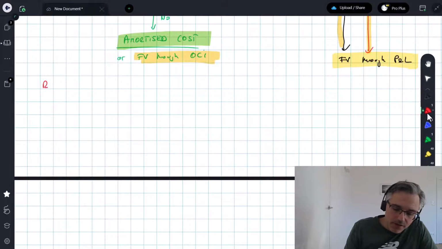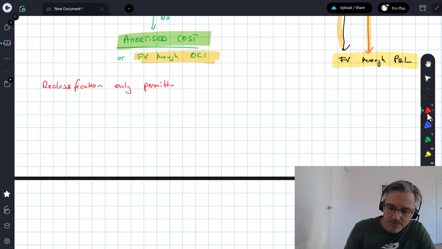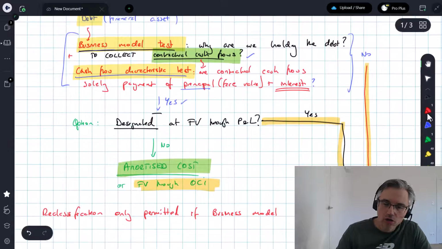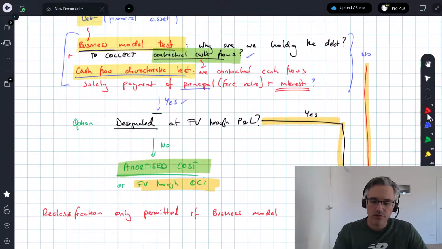Let me also say that it's possible to make a reclassification, i.e. a change in the approach, but that change is only permitted if the business model changes. So our intention, our reason for holding specific debt securities changes.